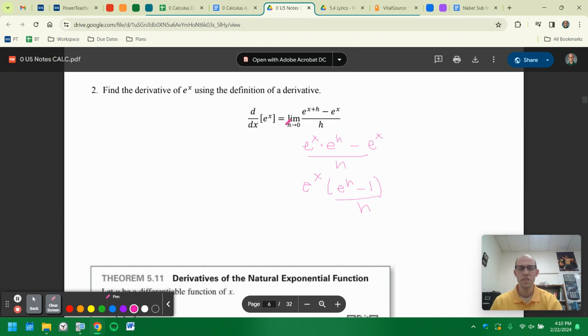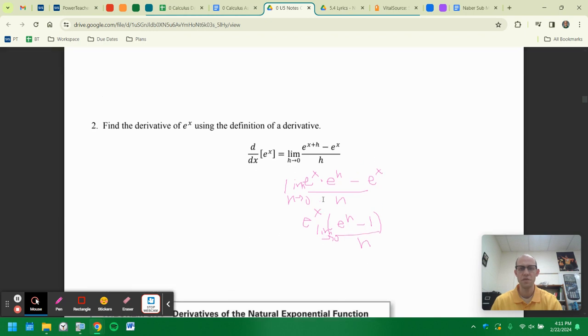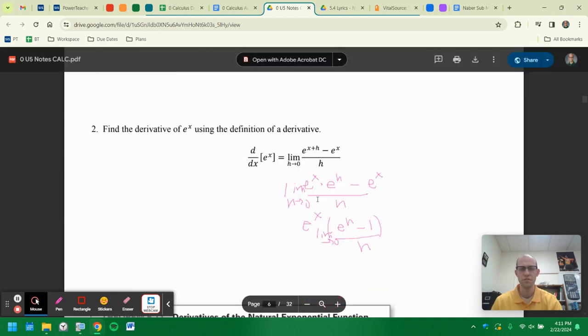Now, this is the limit as h approaches 0. E to the x has nothing to do with h, so it's not going to be affected by my limit at all. So I can take the e to the x and throw it out in front of the limit. Now if we scroll back up, we know what this limit is: e to the h minus 1 over h is 1.